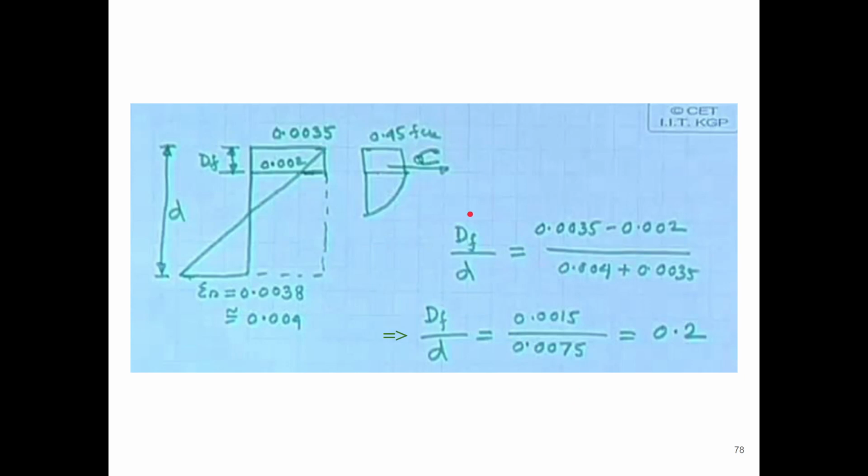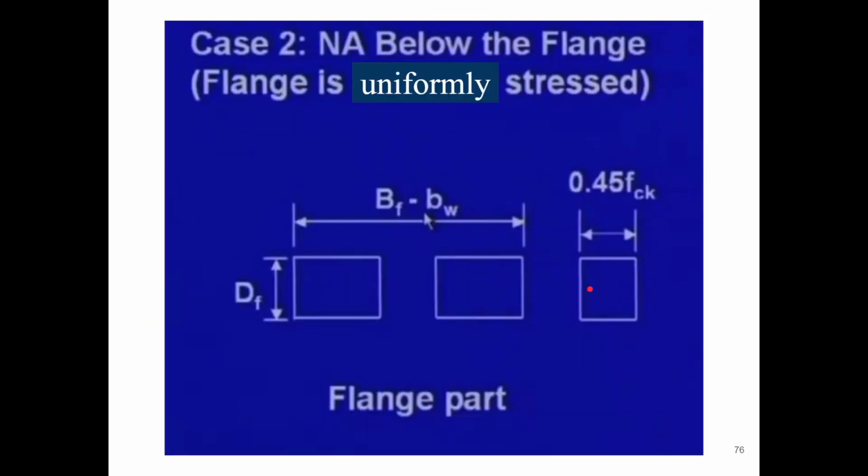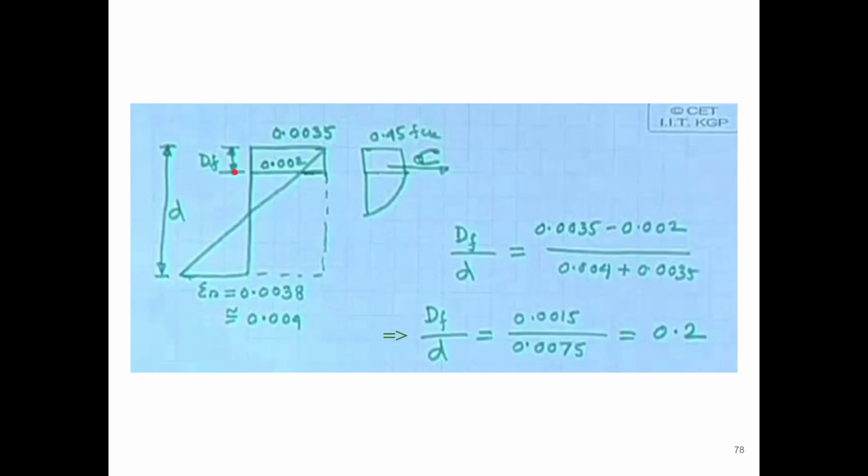If we consider that the flange is uniformly stressed, the neutral axis will definitely be below the flange. But that will be only possible when the strain is less than or equal to 0.002, right?